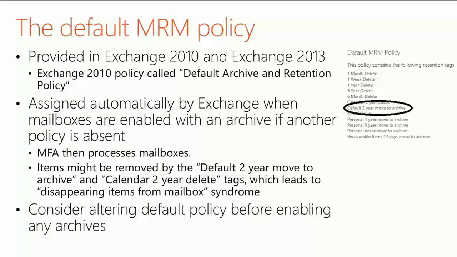So please think about this before you enable archives, and consider altering the default policy that's shipped with Exchange. You might, for example, just disable that tag for a couple of months until people have gotten used to the archive, and then enable it. And that would work well. Okay?